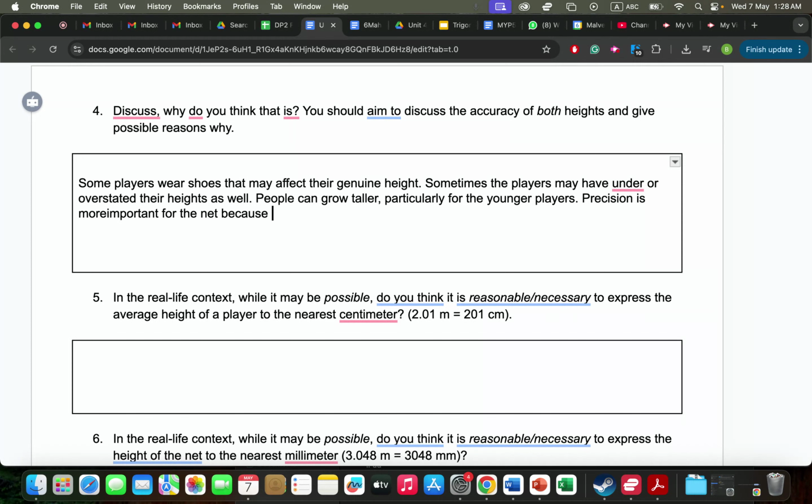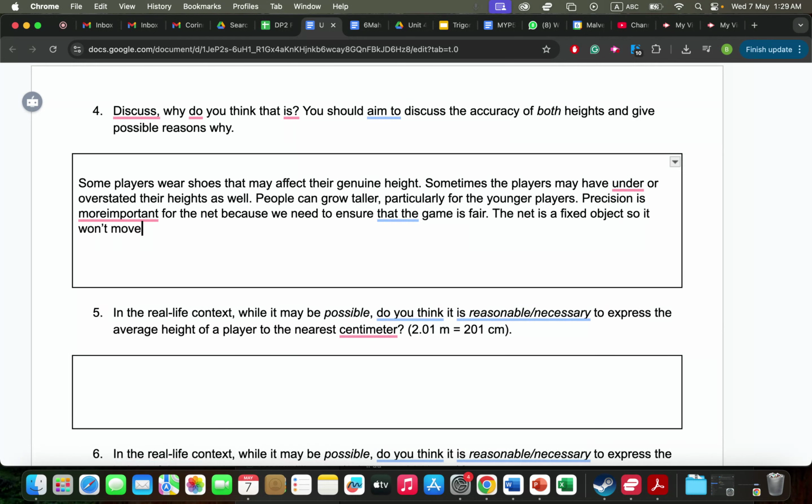because we need to ensure that the game is fair. You can't have the nets to have a different height, otherwise the game is going to be unfair. And the net is a fixed object, so it won't move during the game, and therefore we need to be more accurate with its measurement.